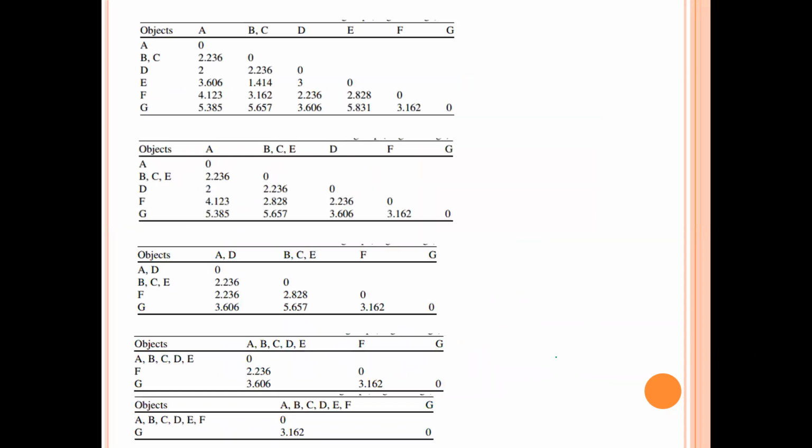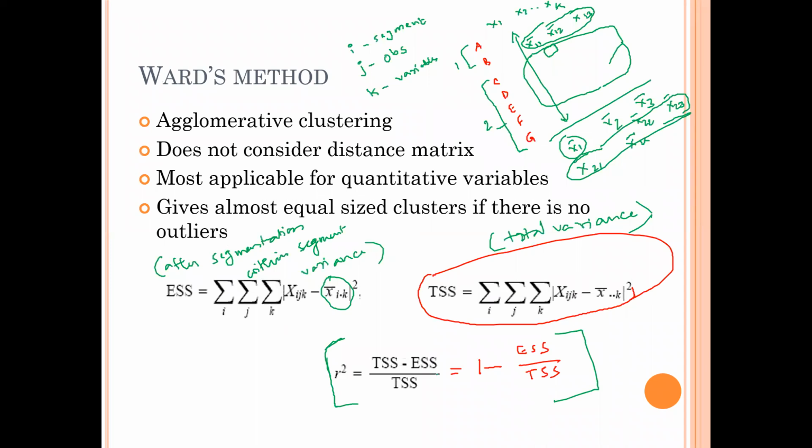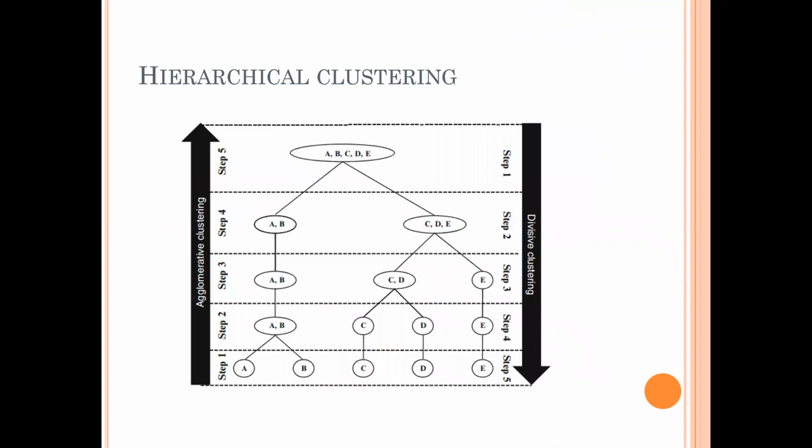So what will be the value of ESS? Xijk and Xi dash k will be the same because only one observation is there in each segment. So ESS will be 0. This value will be 0 when everybody has a separate segment. And that means the R square value will be 1 here in Ward's method.